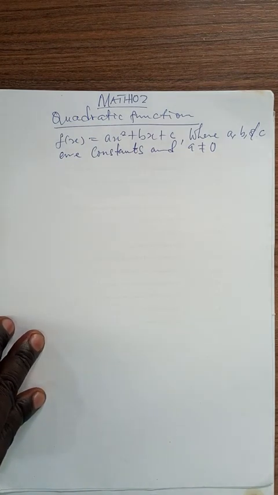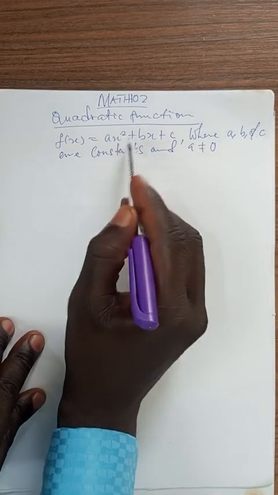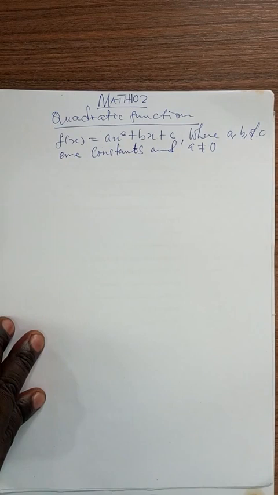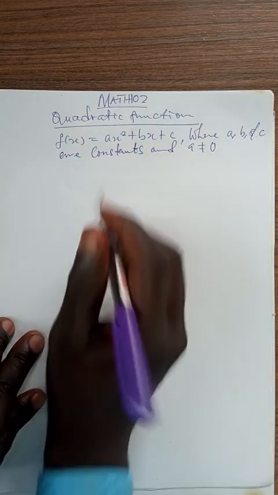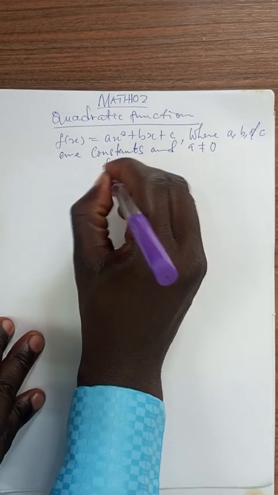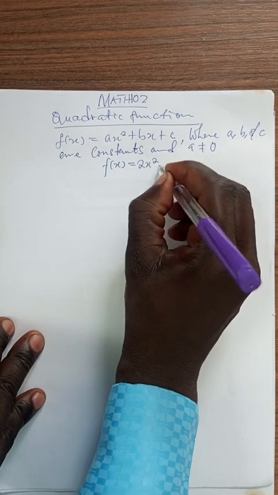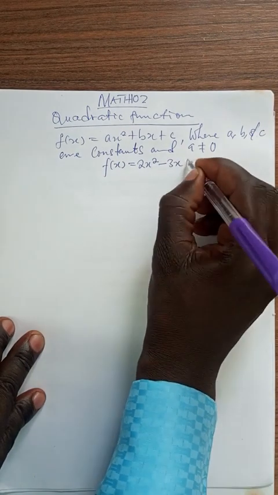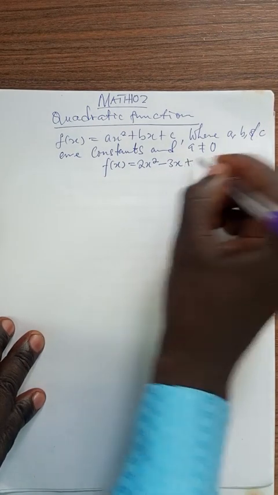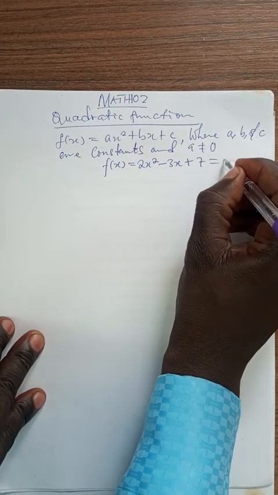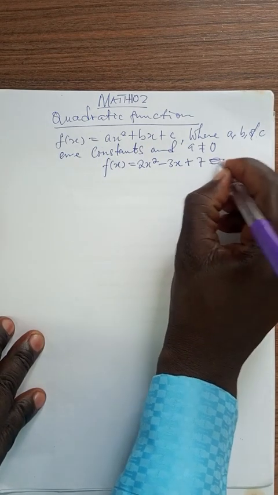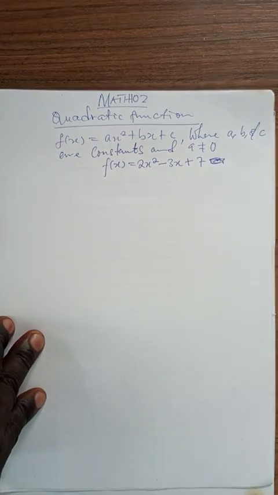So when a is equal to 0, it goes away with this term, which reduces it from being a quadratic function. An example of a quadratic function is f of x is equal to 2x squared minus 3x plus 7. It's a quadratic function.